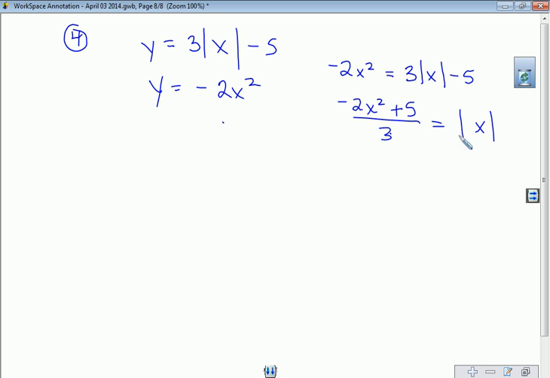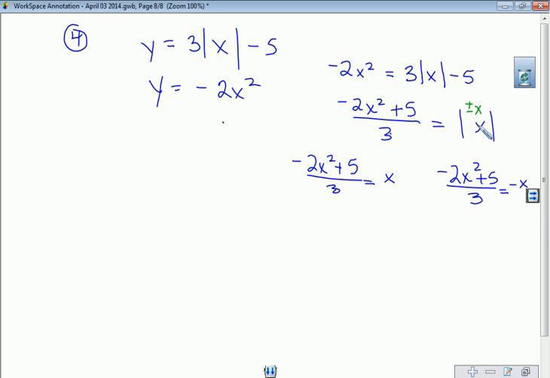Now, if x were positive or negative, wouldn't this become positive? Yes. So what I would do is set this equal to the positive version, or this could equal the negative.